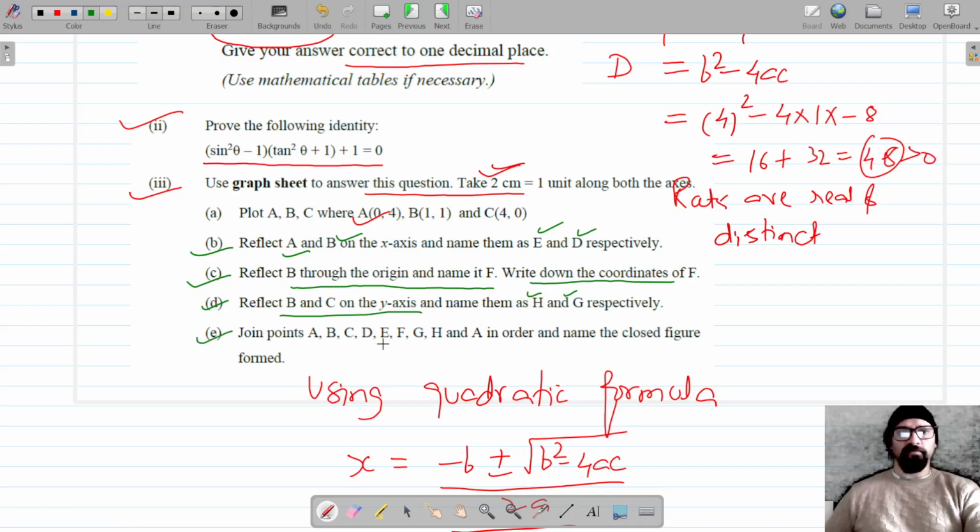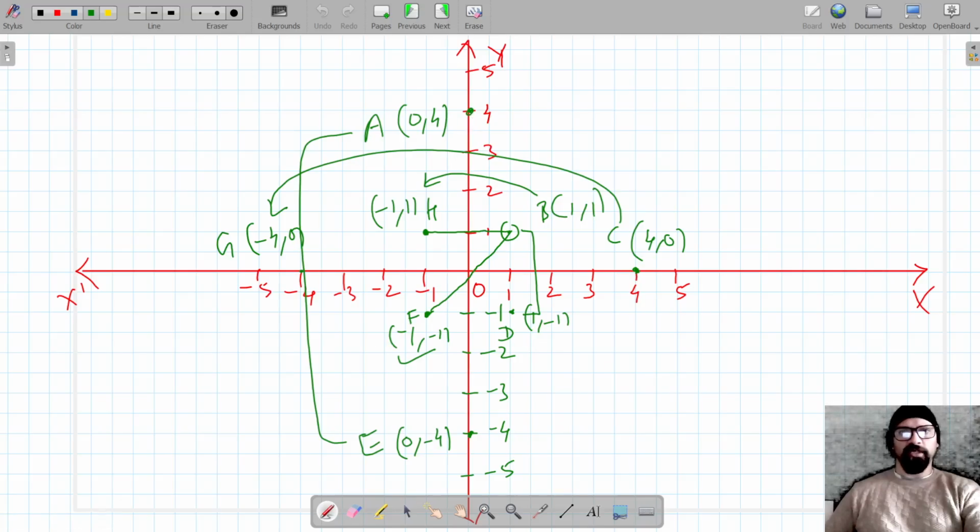Now join points A, B, C, D, E, F, G, H, and A in order and name the closed figure. So let's join the points. The first one was A. Join A to B. Okay, I'm going to use a different line here.